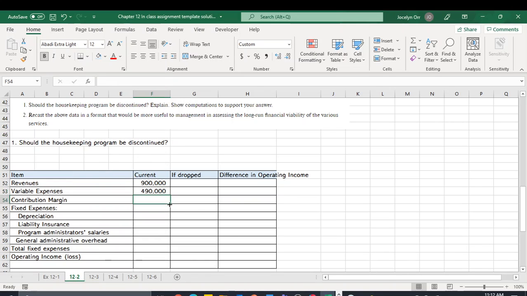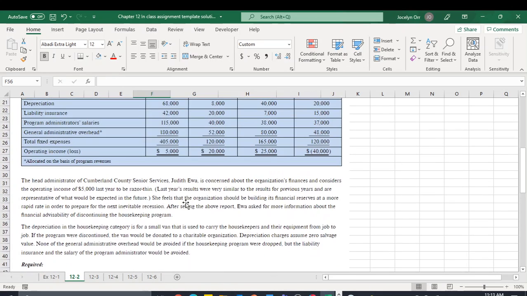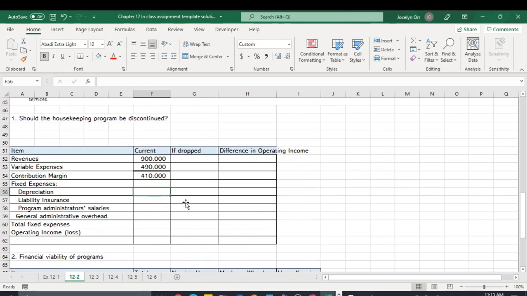Our contribution margin is going to be the difference between our revenues and our variable expenses. Okay, so $410,000. Our depreciation is $68,000. Our liability insurance is $42,000. Program administrator salaries is $115,000 in total.